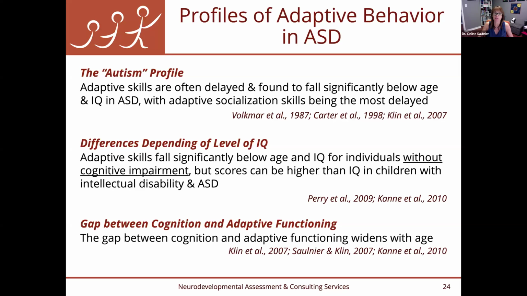Yet they don't, because remember, they're not monitoring their social environment. Adaptive behavior is very, very socially based. And the gap between cognition and adaptive behavior widens with age. So individuals, despite how bright and verbal they are, they're not keeping pace with their everyday skills the way they're keeping pace with cognition and even chronological age.